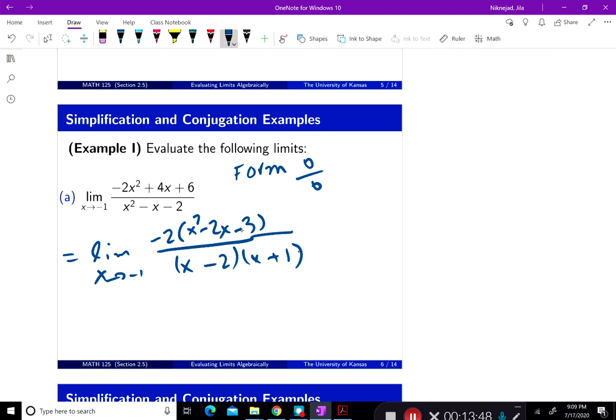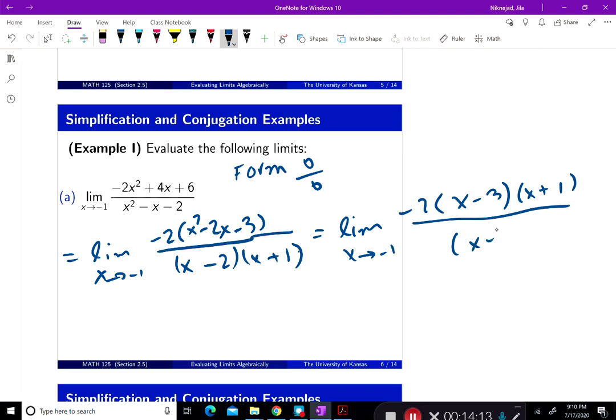Now we also have to do the factoring at top. This one is going to be -2 times x and 3 and x and 1. Again, this is plus, this is minus, over x minus 2 times x plus 1.